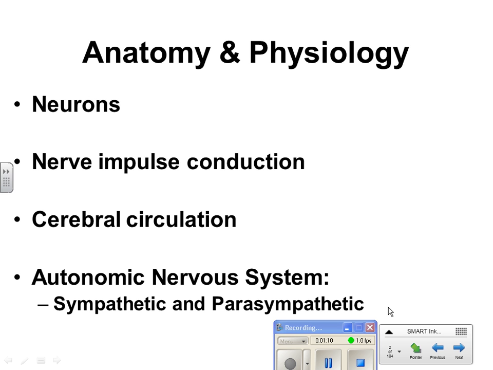But certain things can affect the neurologic conduction of impulses if we have too much or too little of certain neurotransmitters. They can cause problems. And some of the diseases that we're going to talk about are going to be problems with the levels or the lack of certain types of neurotransmitters.